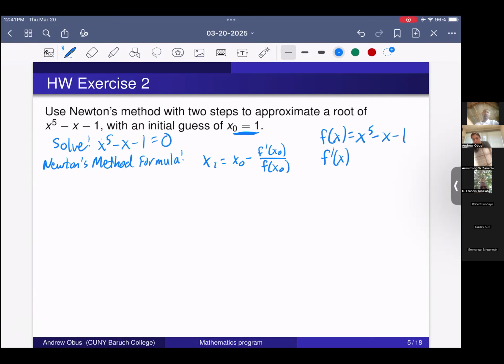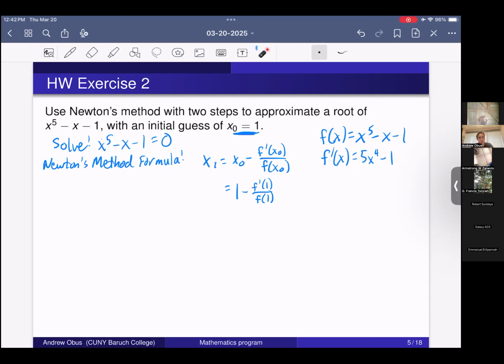And that means f prime of x is equal to, somebody want to say, just for practicing derivatives, what's the derivative of x to the fifth minus x minus 1? Yeah, Robert? Yeah, the derivative will be 5x to the fourth minus 1. Perfect, thank you. That's great. You bring the 5 down, get 5x to the fourth, the x becomes 1, and the 1 disappears.